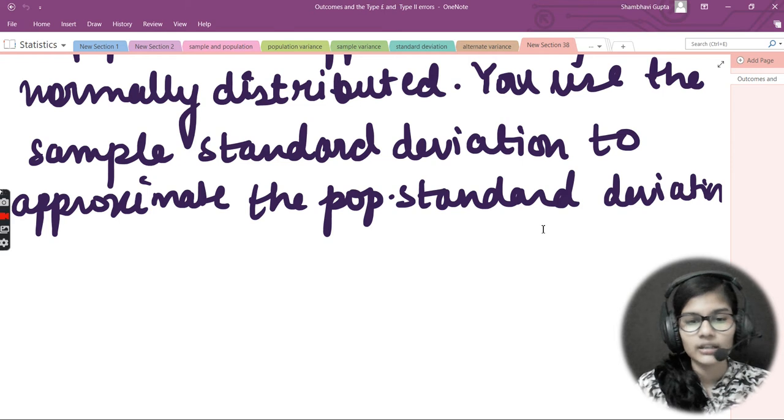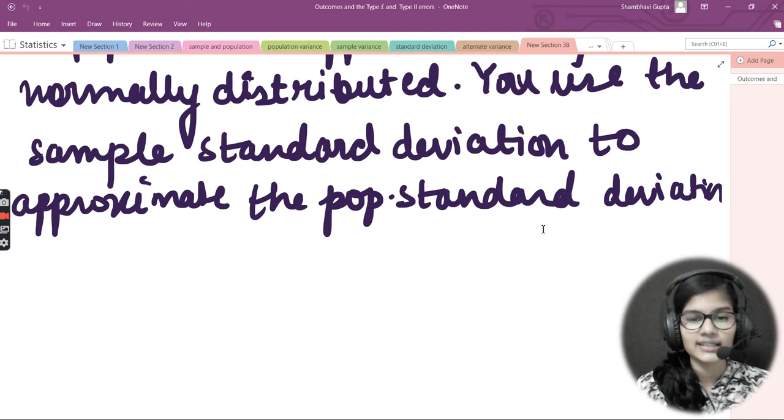Now we can have a note here that whatever the sample size, if your sample size is sufficiently large, then the t-test will work even if the population is not approximately normally distributed, right?